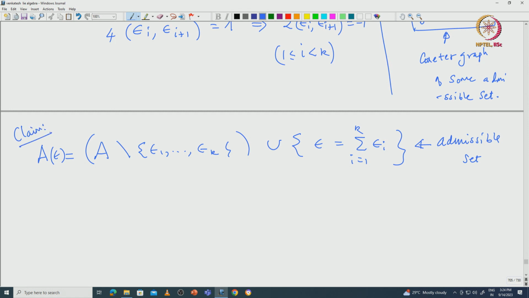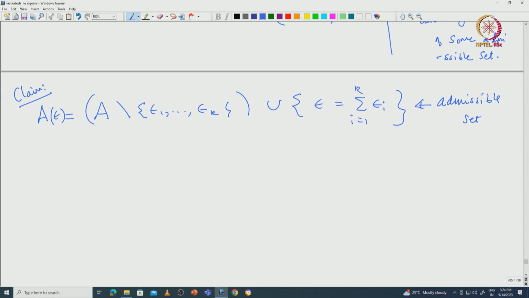Okay, so how does one go about it? To prove this is admissible, because we added this one more vector by removing all these epsilon 1 etc. epsilon k, we have to verify all the properties. In particular, epsilon should be a unique vector.